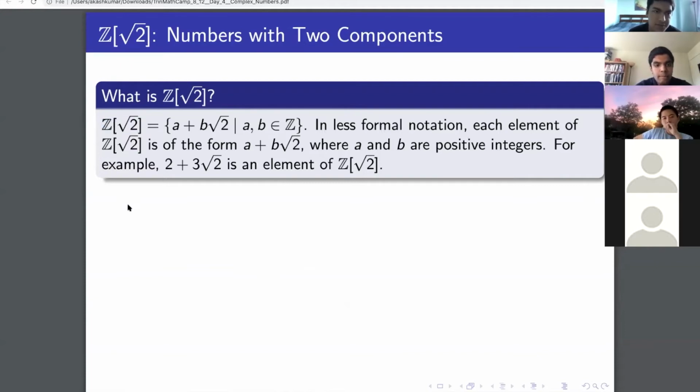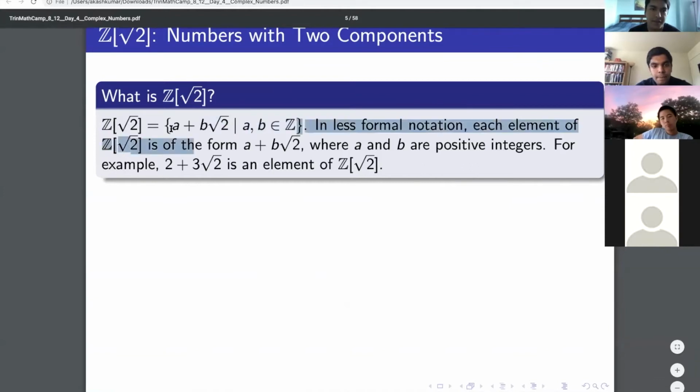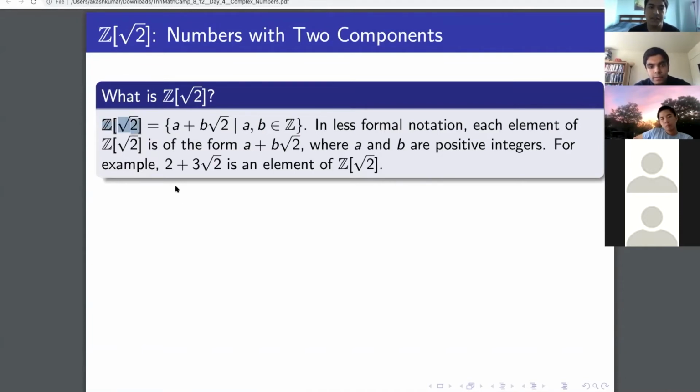It's read out loud, Z adjoin root 2, or Z brackets root 2. And this is, I guess, the math way of describing that set. But I think a more intuitive way to understand this is that this set represents all the numbers of the form a plus b root 2, where a and b are positive integers.